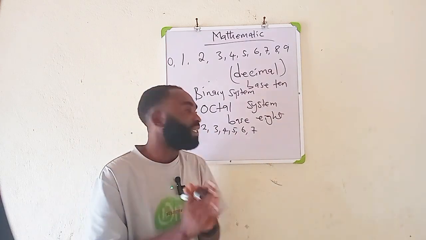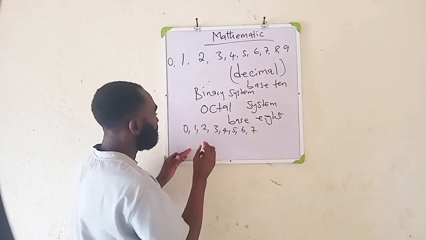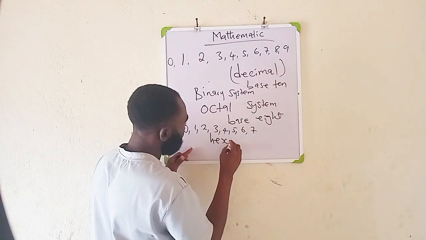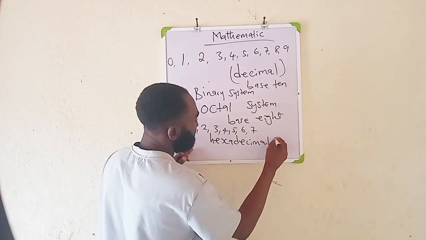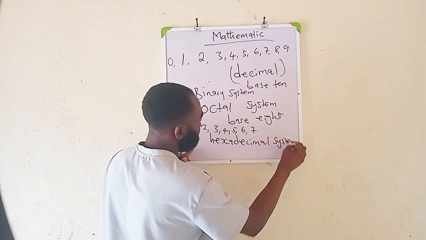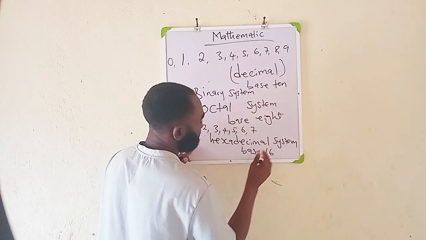That is the octal system. Then we also have another system, which is the hexadecimal system, which is base 16.